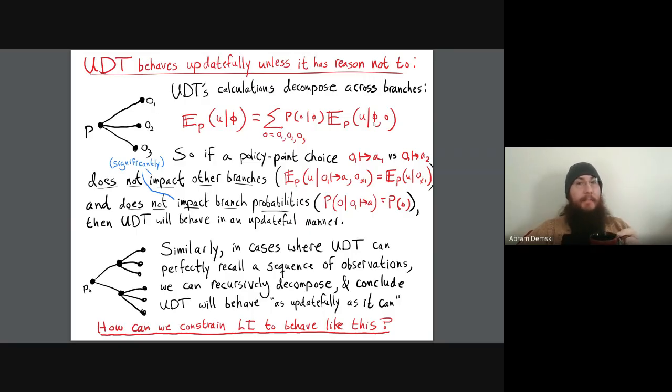And so we can decompose these expectations into a sum across branches of the branch probability times the branch expectation, where phi here is the thing we condition on in the decision criterion. So either an individual policy point for UDT 1.0 or a full policy for UDT 1.1.